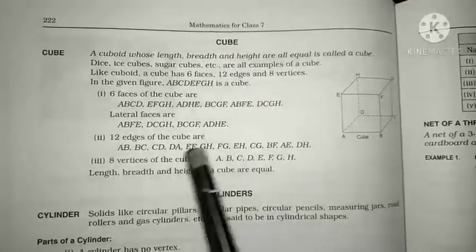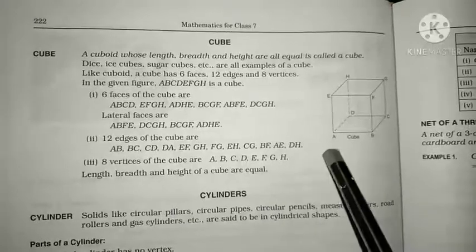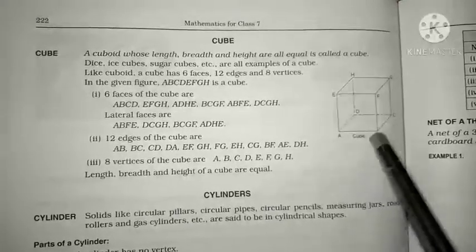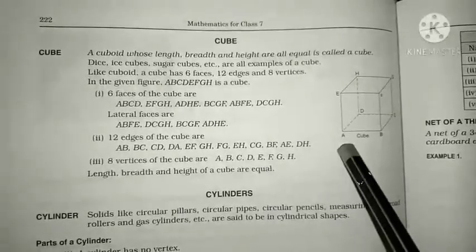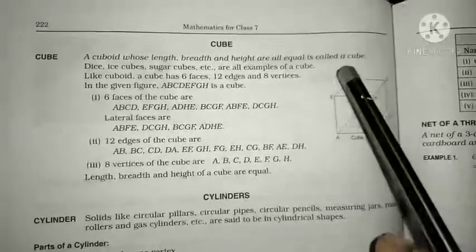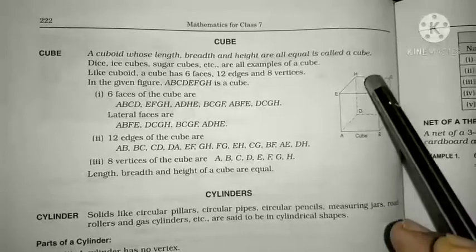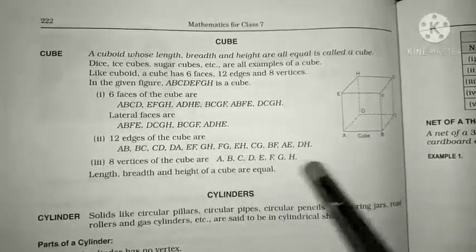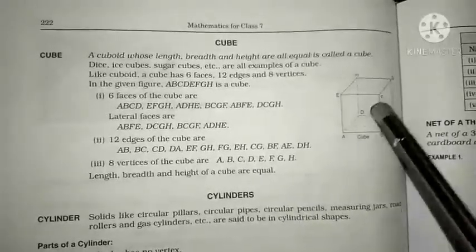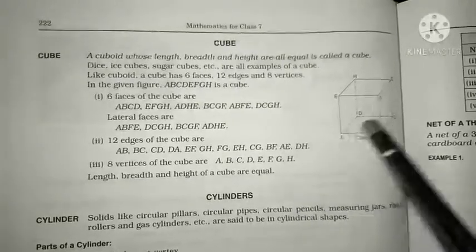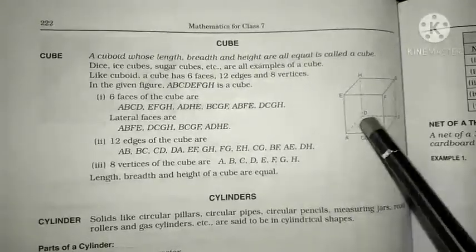As you can see in the figure, the 6 faces of this cube are ABCD, EFGH, ADHE, BCGF, ABFE, and DCGH.